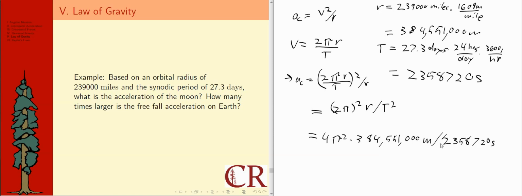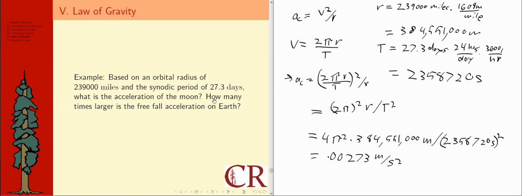I've kept my units here, and notice that that is an acceleration. So I can go ahead and calculate this now. My calculator gives a number of about 0.00273, rounding slightly, meters per second squared.